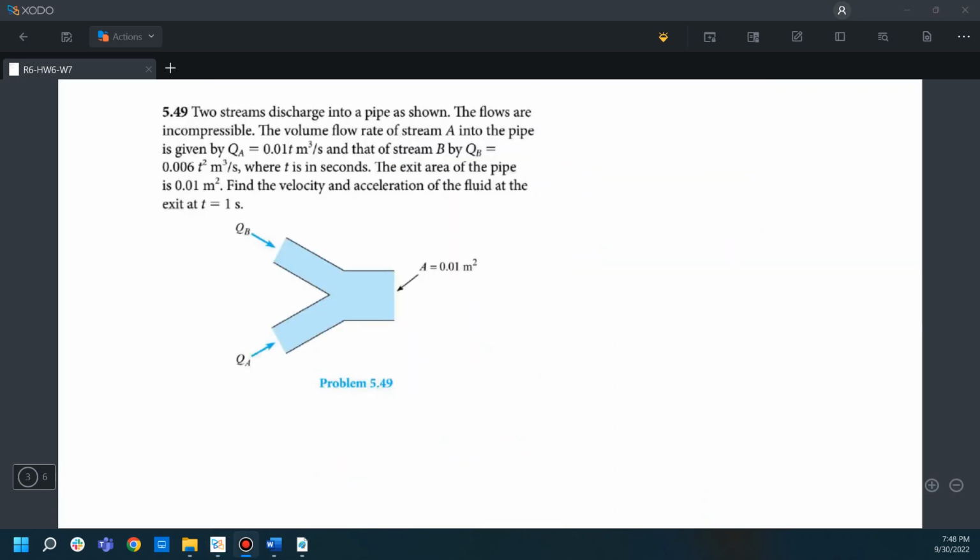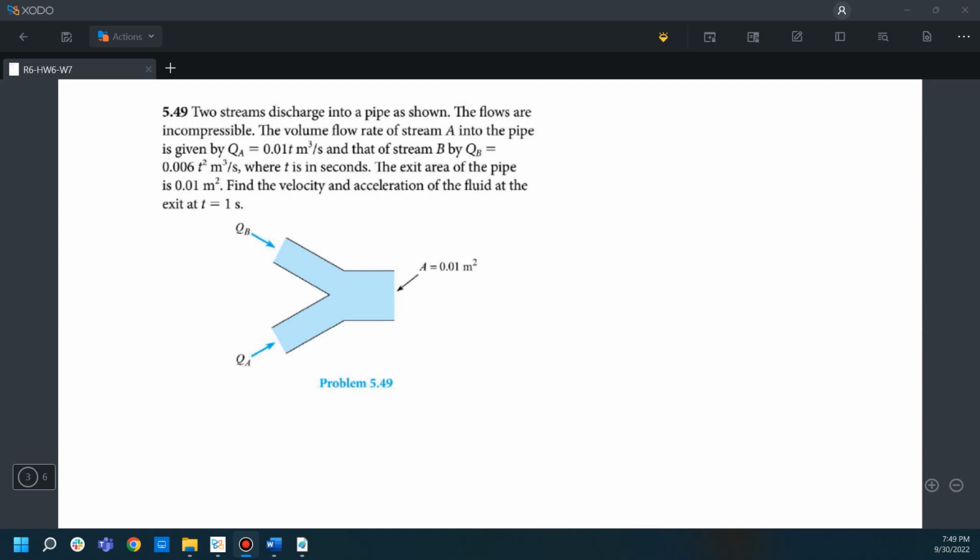Okay, so now let's look at problem 5.49. Two streams discharge into a pipe as shown, the flows are incompressible. The volume flow rate of the stream A into the pipe is given by QA equal to 0.1 T cubic meter per second, and that of the stream B by QB equal to 0.006 T squared cubic meter per second, where T is in seconds. The axis area of the pipe is 0.01 meter squared.